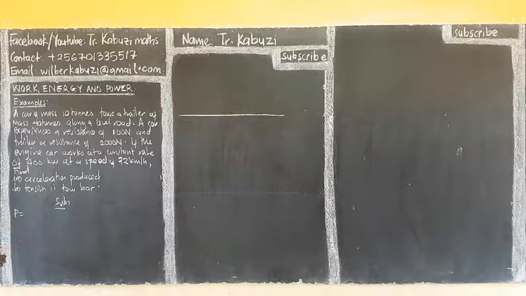So our power is 400 kilowatts, which is going to be 400,000 watts. We first convert power to watts.